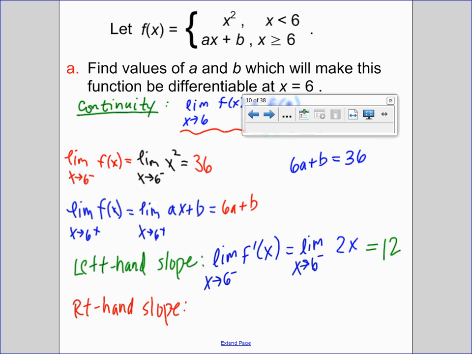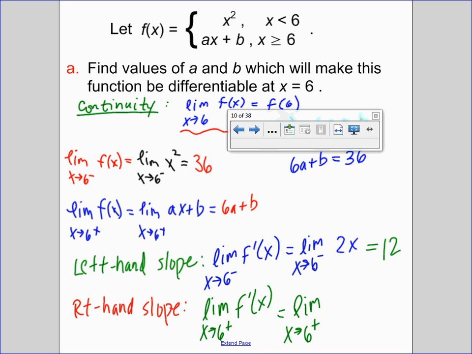So my right-hand slope would be the limit of f prime of x as x approaches 6 from the right. And I'll use the second definition. Ax plus b, as x approaches 6 from the right, differentiates to what? That's just a linear function.